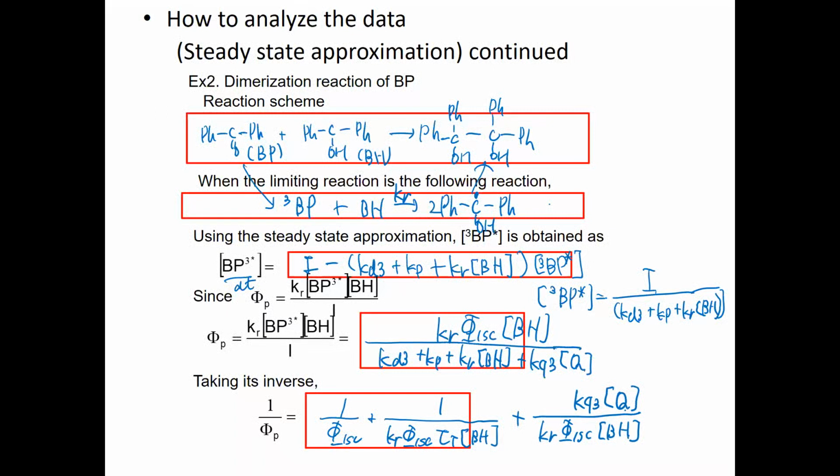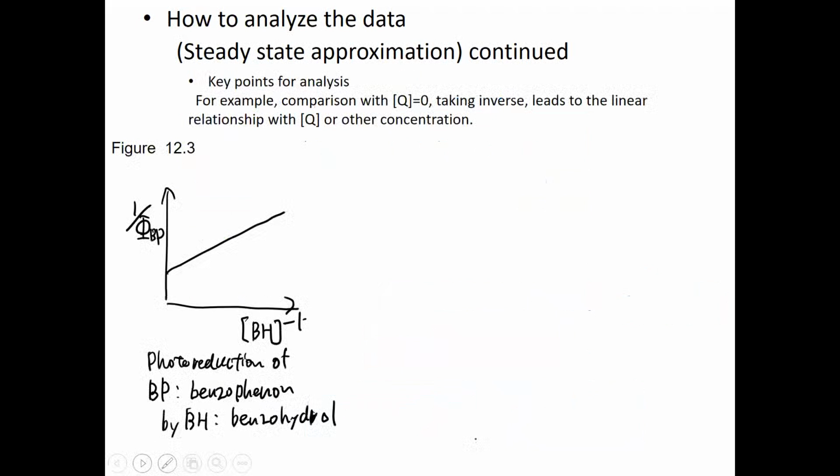So the key point is we have to assume first what kind of reaction is happening, and then express the measurable quantum efficiency with the controllable chemical concentration, and then in many cases just take the inverse of this, and the calculation can be judged from the experimental result.